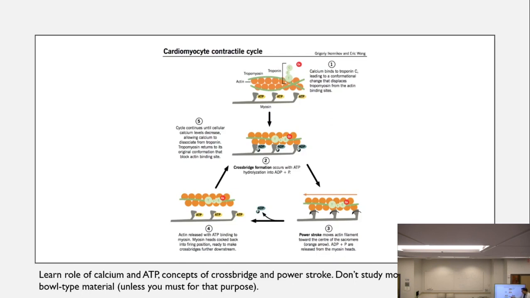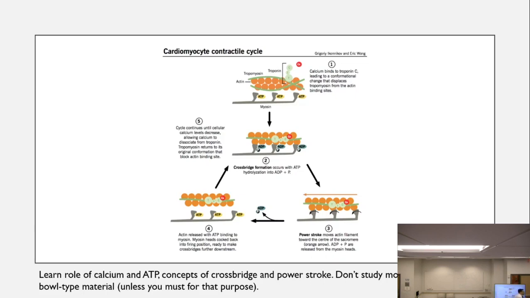And this union between actin and myosin is not going to be released unless you bind an ATP there again. So ATP is necessary for the detachment, for the weakening of the bond between actin and myosin.